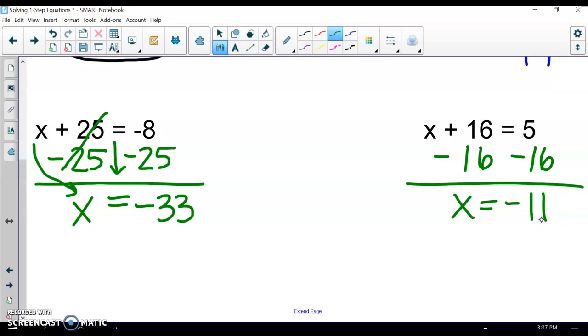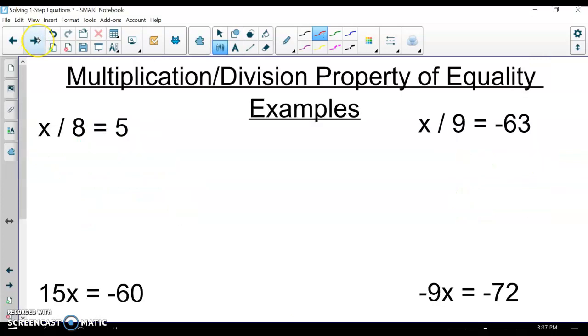All right, if you did not get x equals negative 11, go back, see what I did in that one step, what you might have done, and let's move on to our next slide.